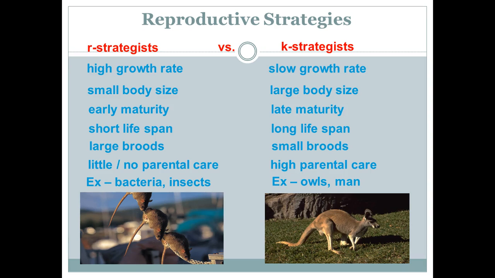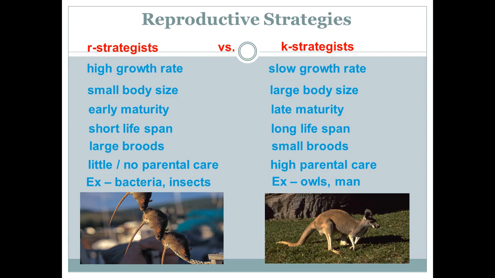Growth rate. That means they reproduce fast and that they have large litters, and they mature quickly. So large broods, mature quickly equals a high growth rate. Slow growth rate, later to maturity, so they don't start breeding until they're 2, 3, maybe even 4 or 5, and then their lifespan is much longer.